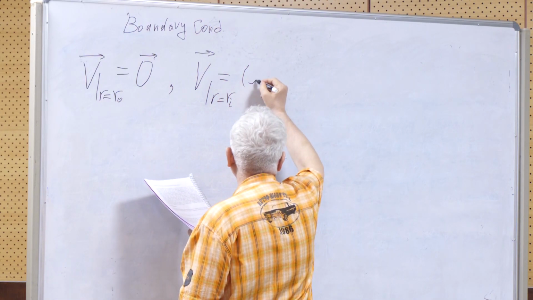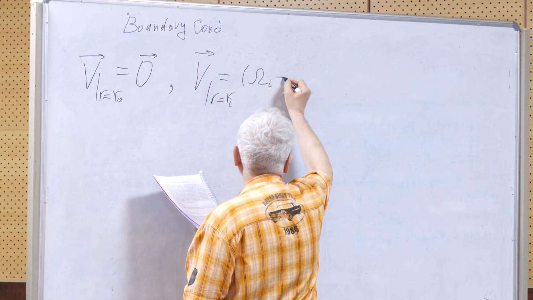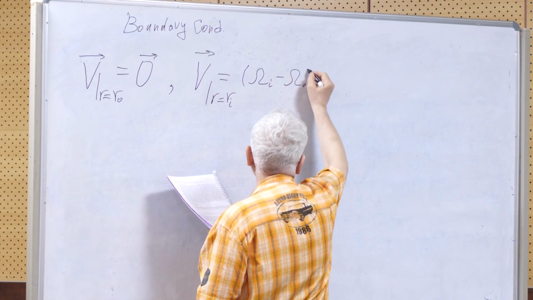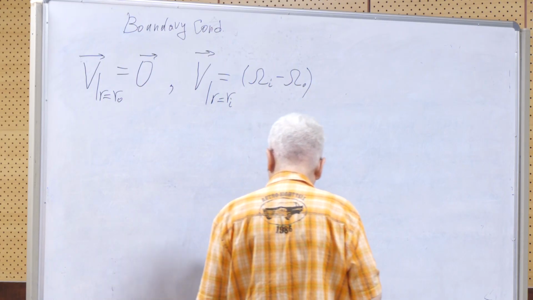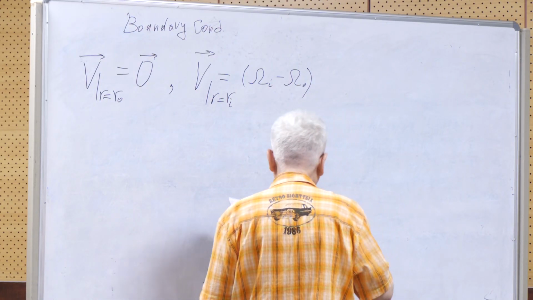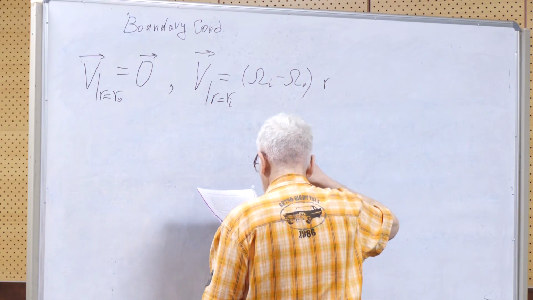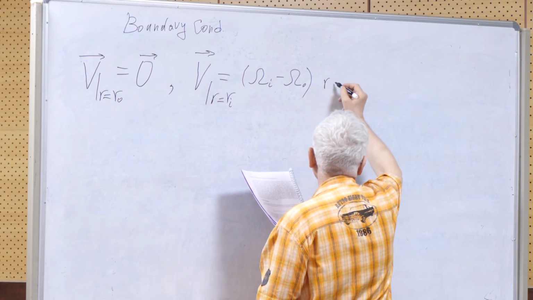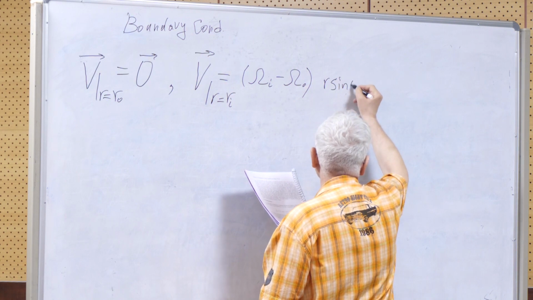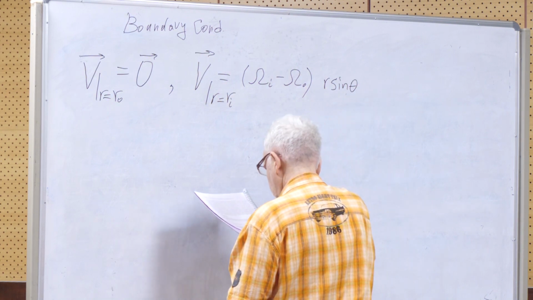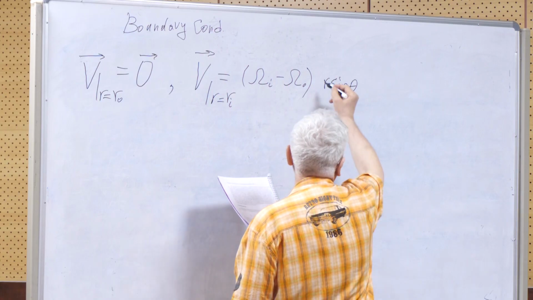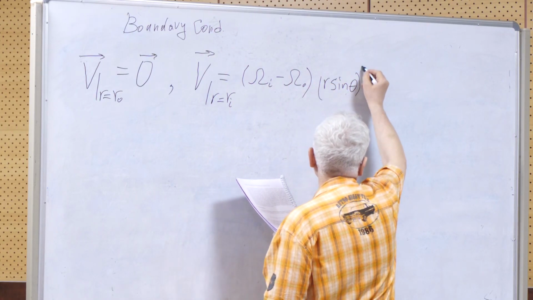We have omega I minus omega O times the cylindrical radius, but because we express everything in spherical coordinates, we will write this via the spherical coordinates.